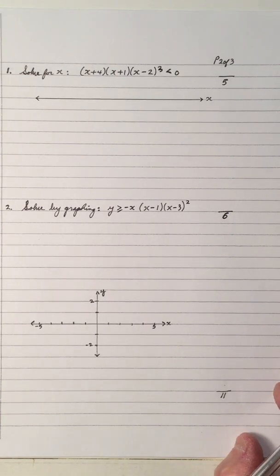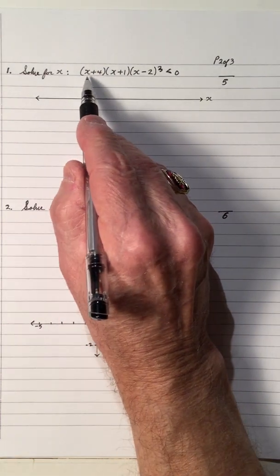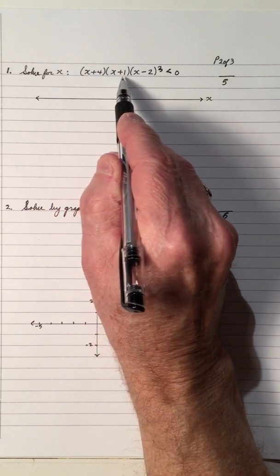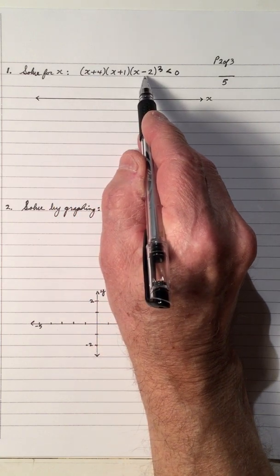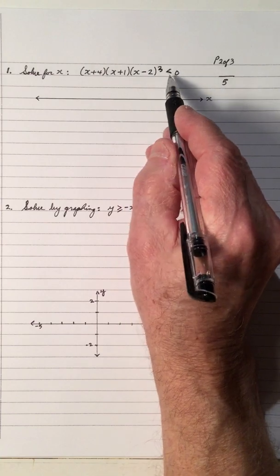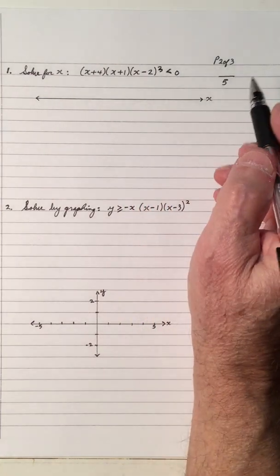Question 1. Solve for x, and we have (x + 4)(x + 1)(x - 2) all cubed is less than 0.